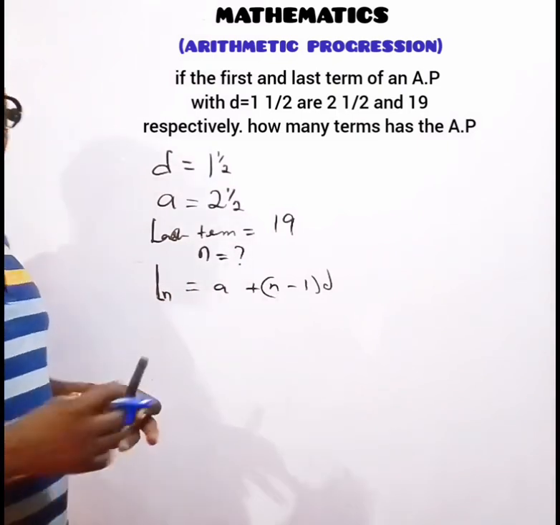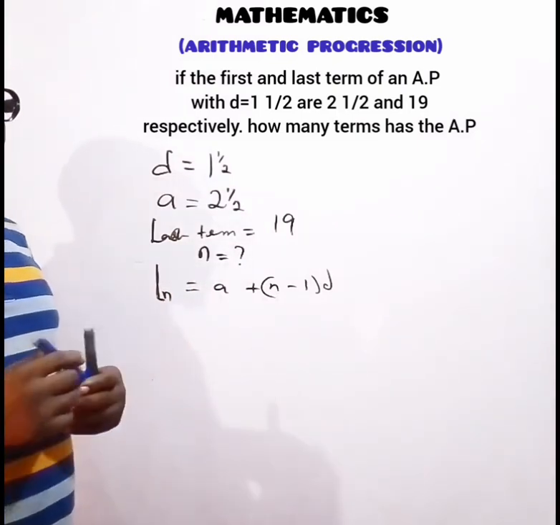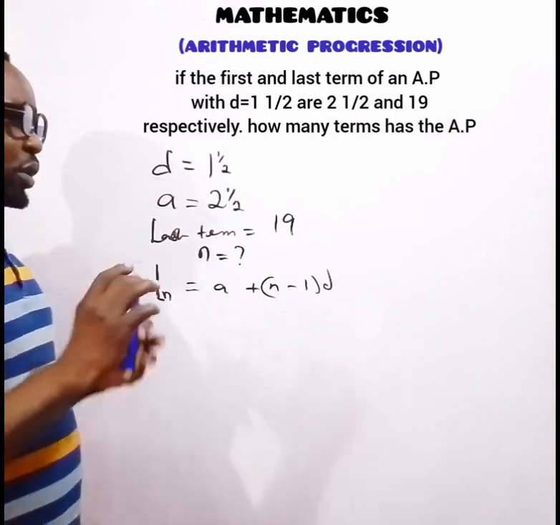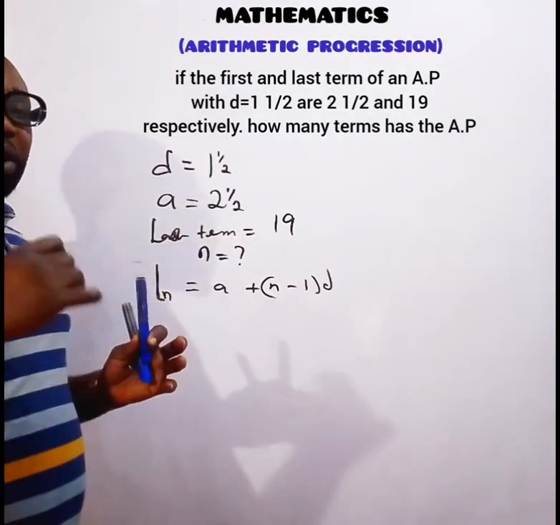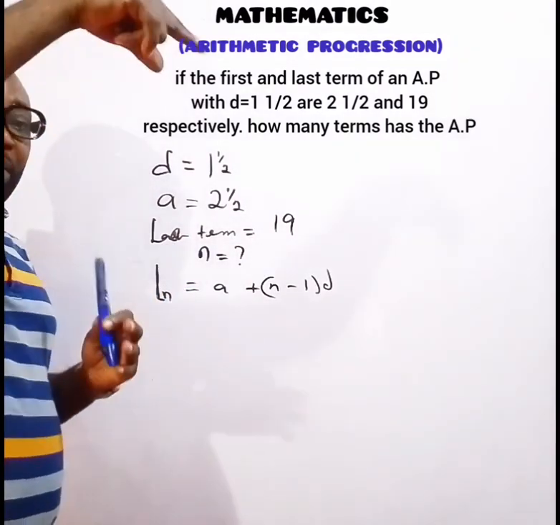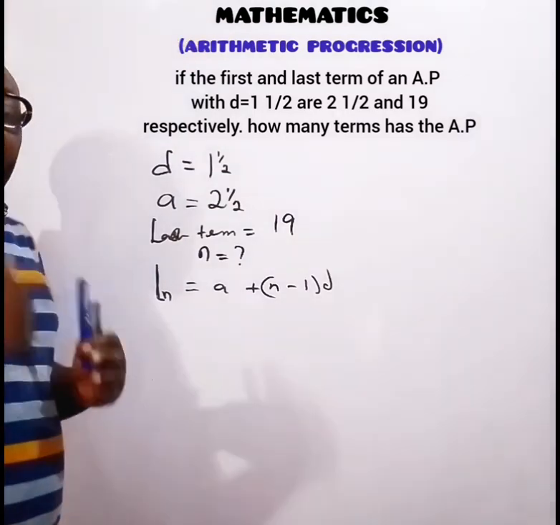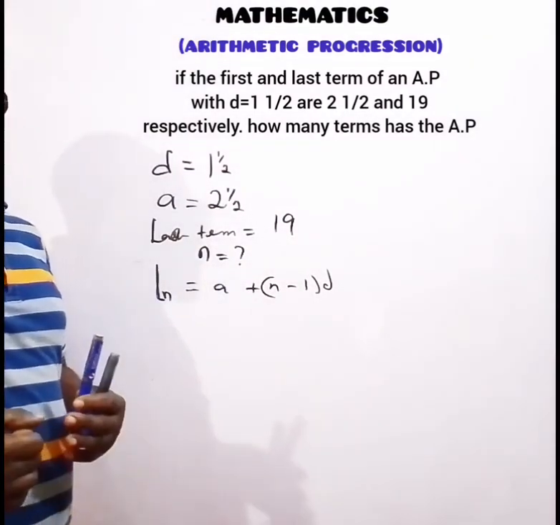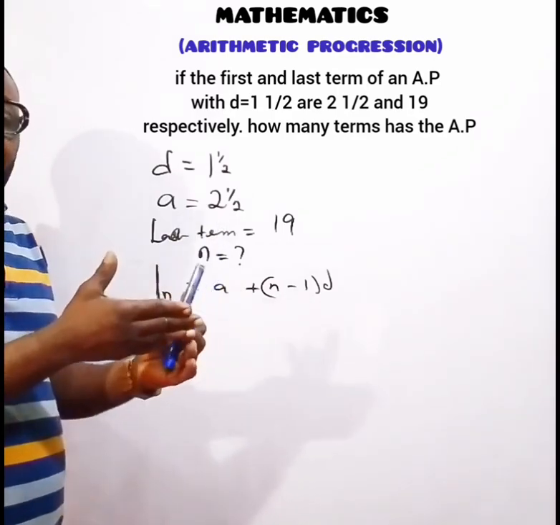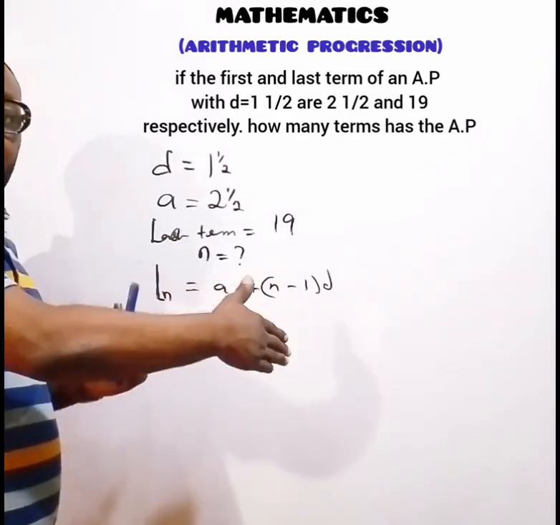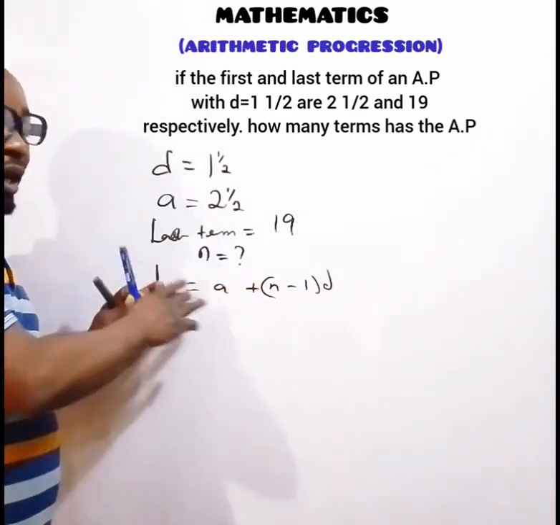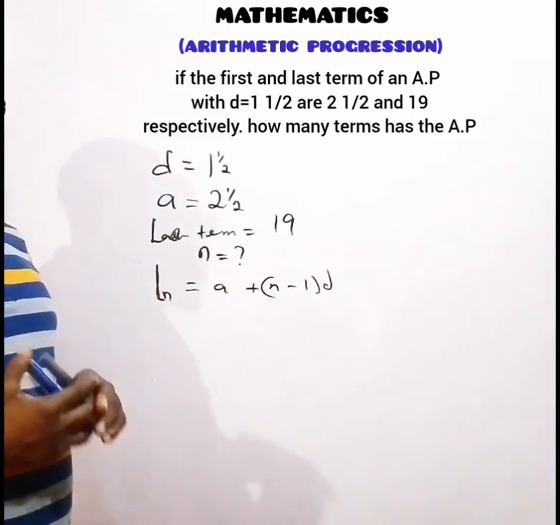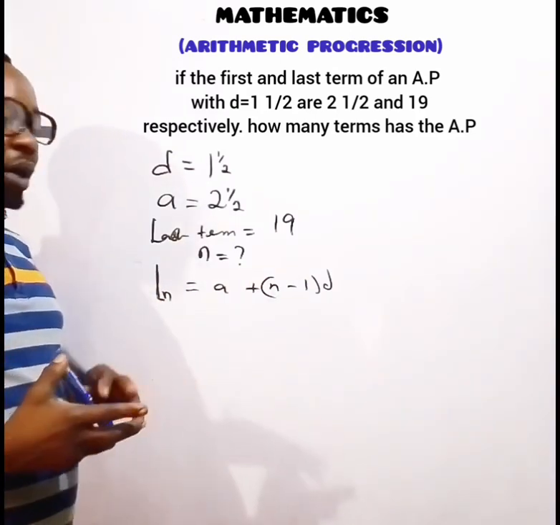You can as well use it in your own way. But I want you to know that when you are talking about last term, you are talking about the term that you are really mentioning. So even if the 16th term we are asked to mention, we can as well call it the last term that we are also talking about. So here we can make use of this formula to solve the question accordingly.